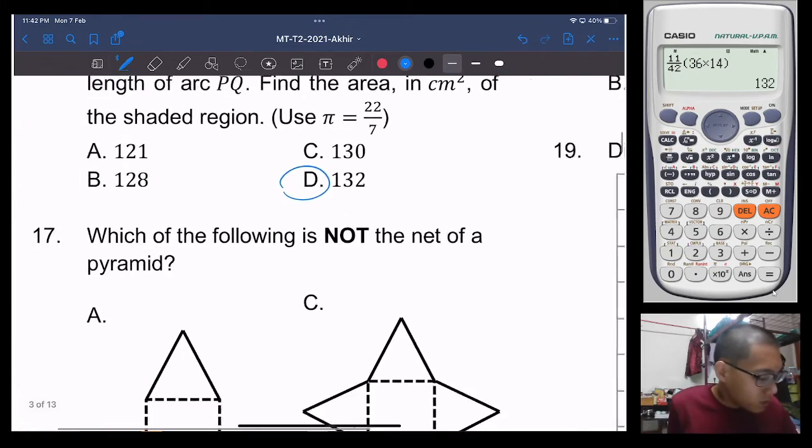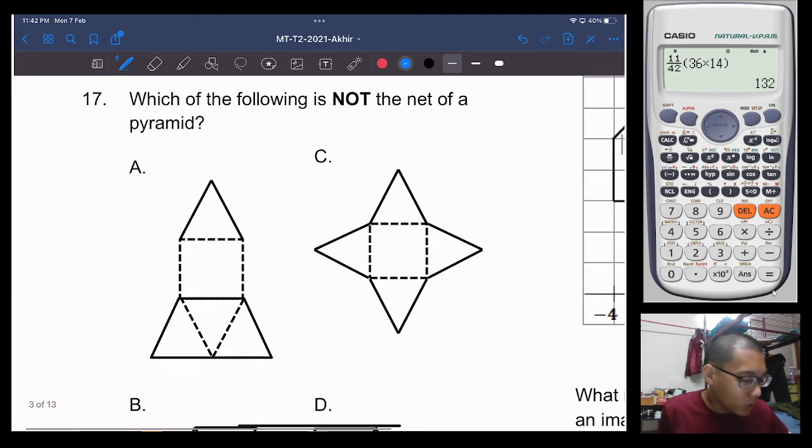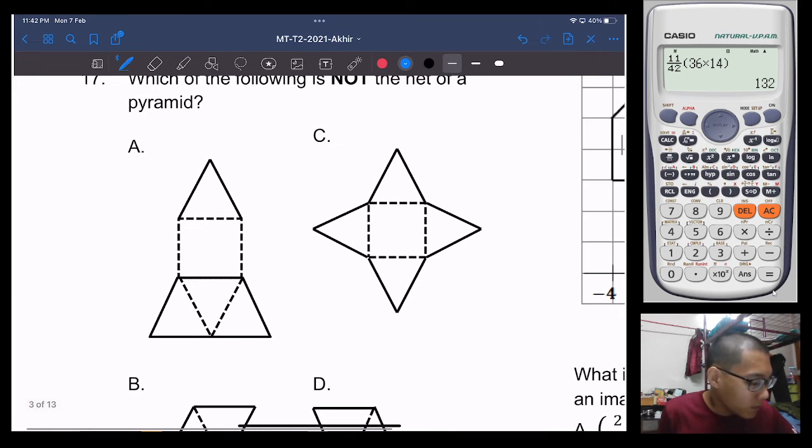Okay, now question 17. Which of the following is not the net of a pyramid? So you try to see. In A, we have the triangle connected with this, and this side will connect with this. So after we fold it, it becomes a pyramid.